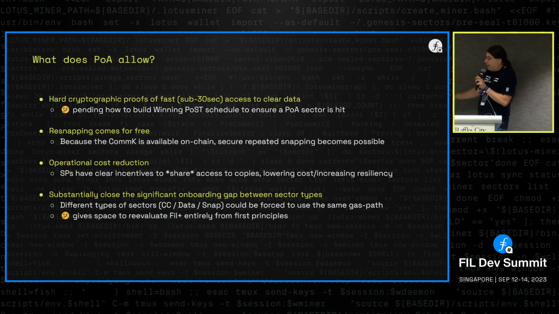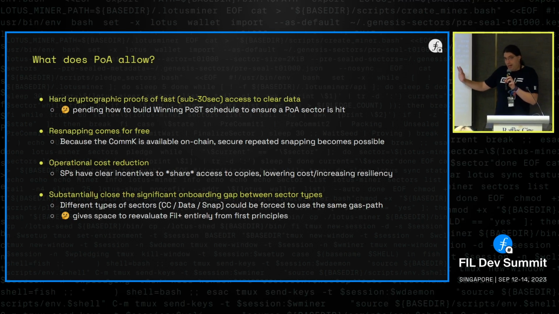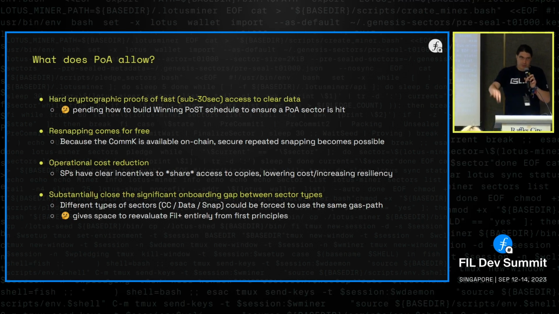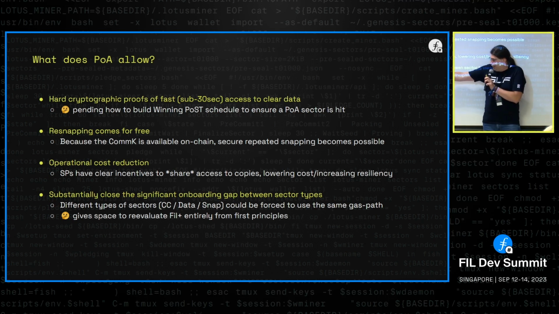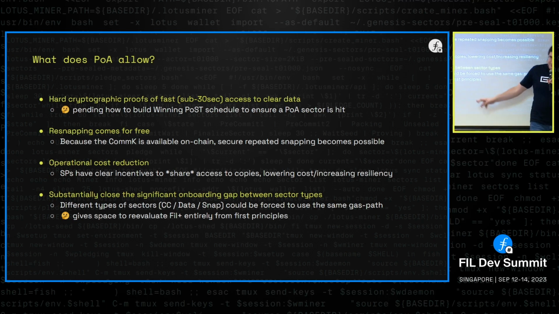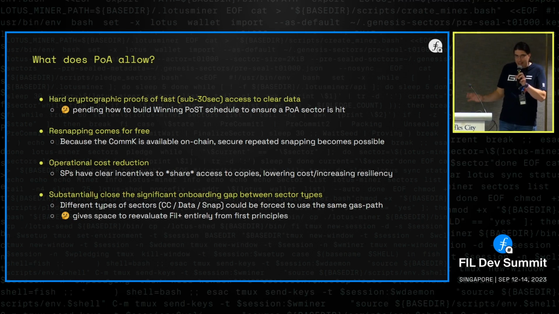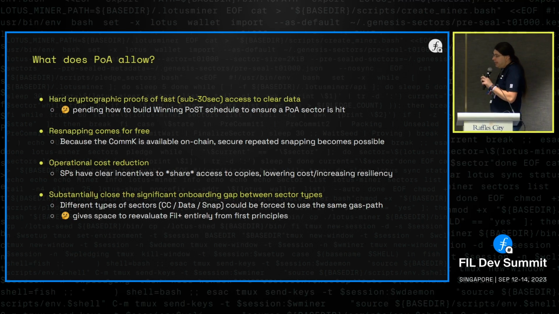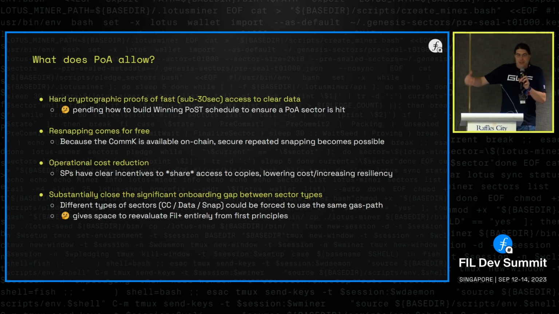If we implement this just the right way, and we really need to discuss how we can do this with input from the CryptoEcon team, we can make the on-chain footprint of adding CC, data, or a snap exactly the same. So no matter what kind of sector you're onboarding, everything is exactly the same in terms of gas, in terms of operations, and so on and so forth, which closes the gap which Fill Plus was originally designed to fill.